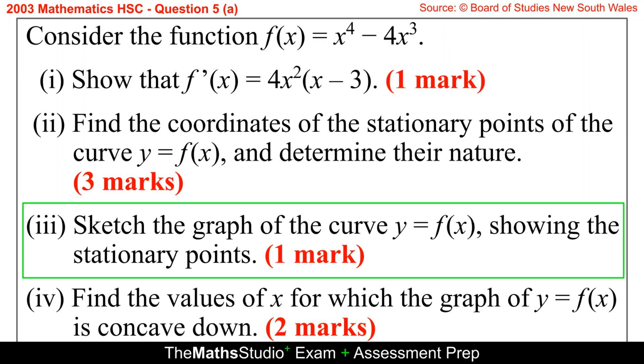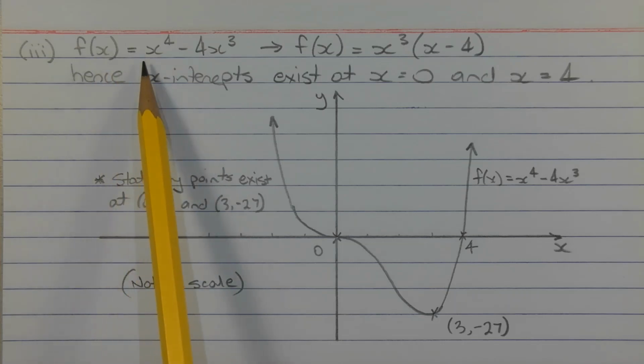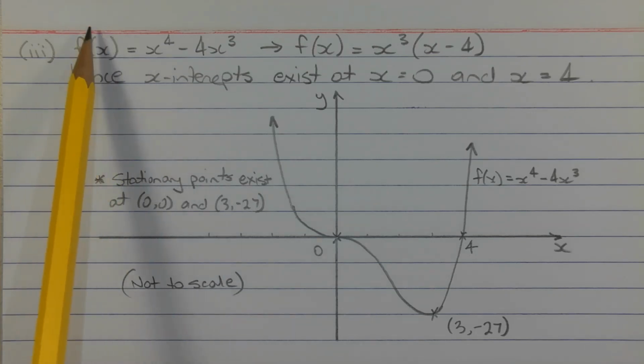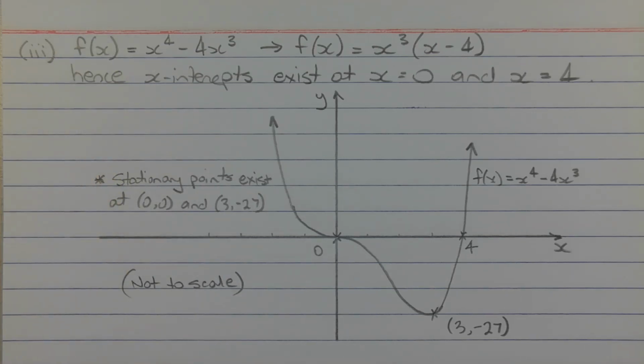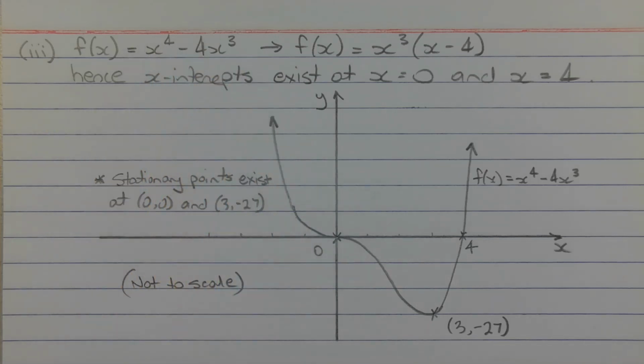Part 3. Sketch the graph of the curve y equals f of x, showing the stationary points. Given f of x equals x to the power of 4 minus 4x cubed, we can find the x-intercepts of the graph, in other words, where the graph crosses the x-axis, by expressing f of x in factor form. And we can do that by factorising out x cubed from x to the power of 4 and negative 4x cubed.